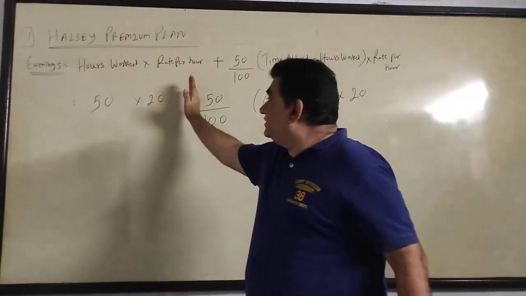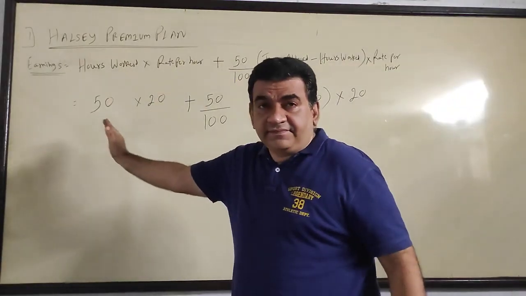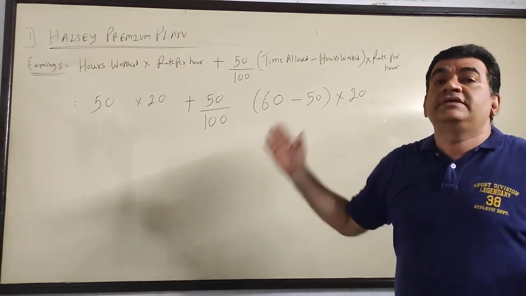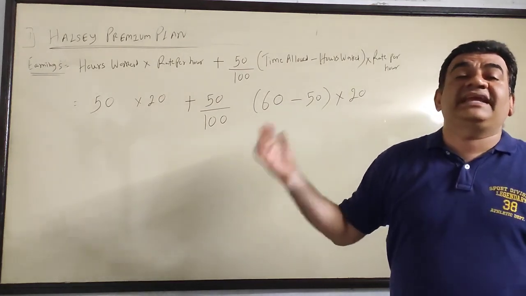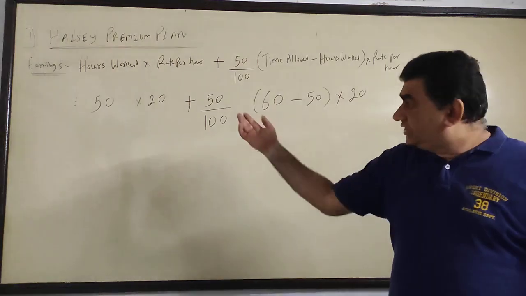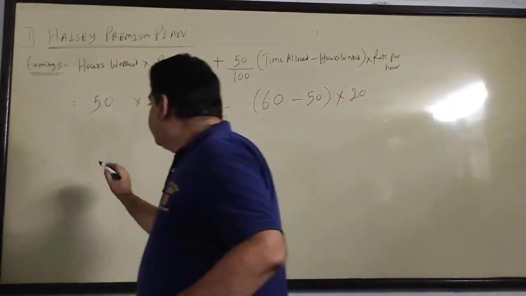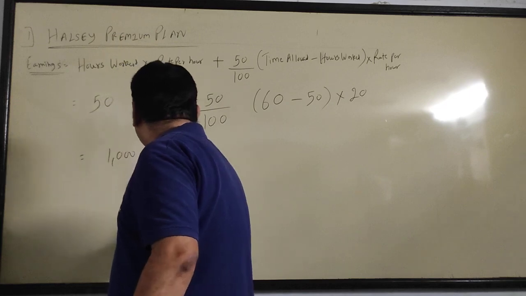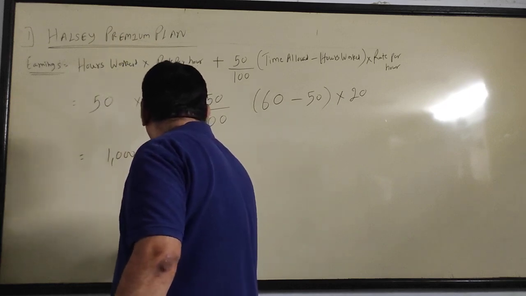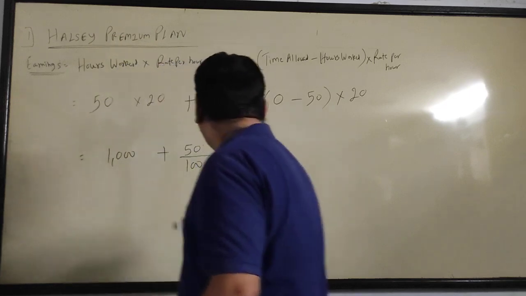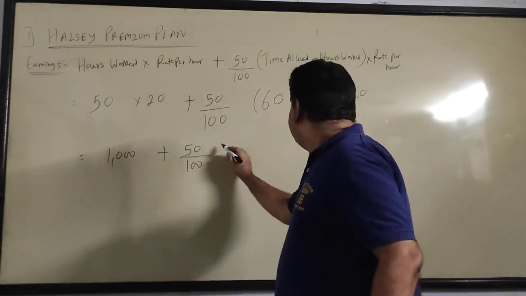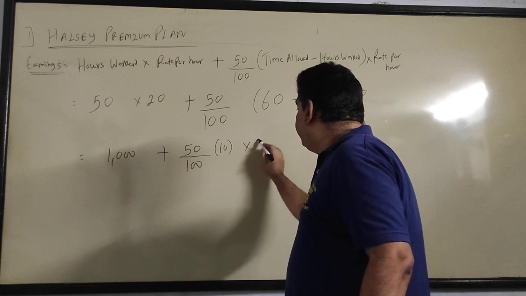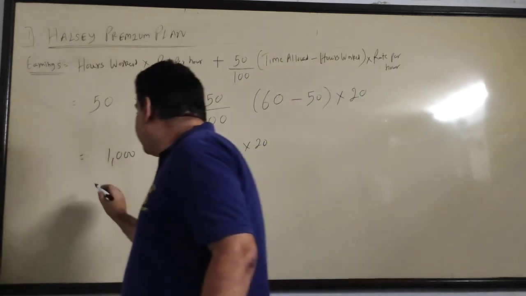So this you have to anyway give him when there is an incentive in the form of saving in time. Got it? Let's calculate further. 50 into 20 gives you 1000, plus 50 upon 100. 60 minus 50 will give you 10, and further multiply by 20.